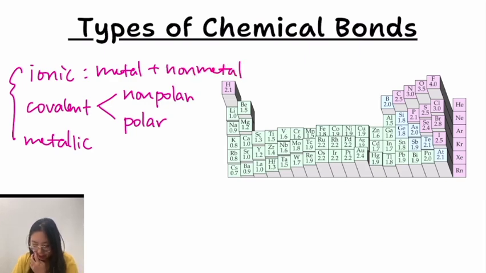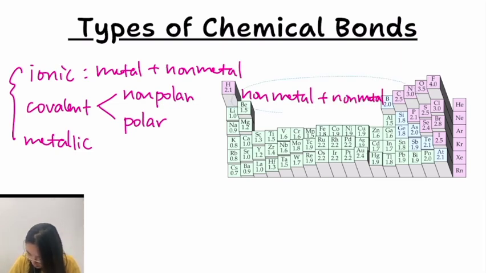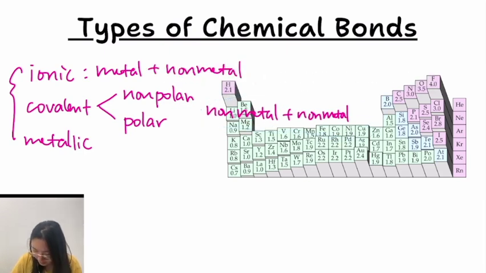Covalent bonds usually form between two non-metals. Metallic bonds, of course, form between the metallic cations, so it's metal and metal.